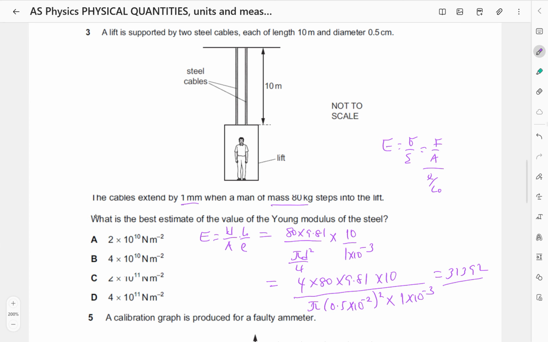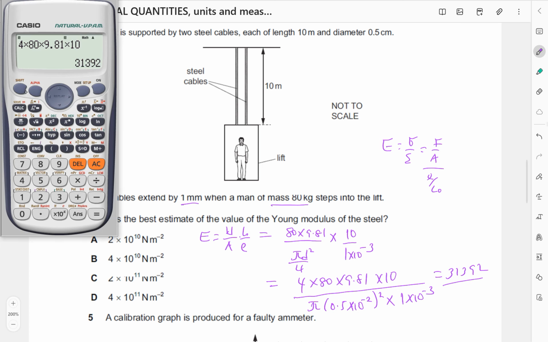Divide by, the denominator I have pi times 0.5 times 10 exponent negative 2, but this is squared, then times 1 times 10 exponent negative 3.